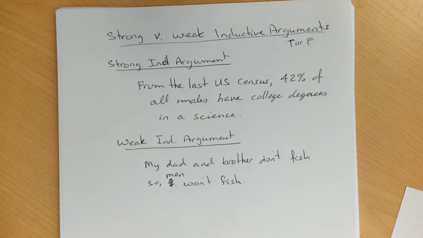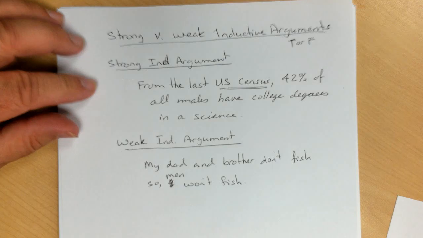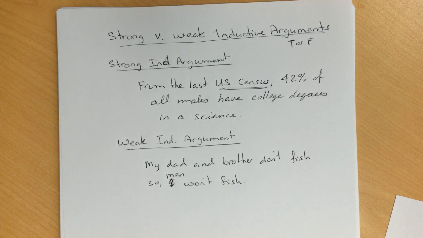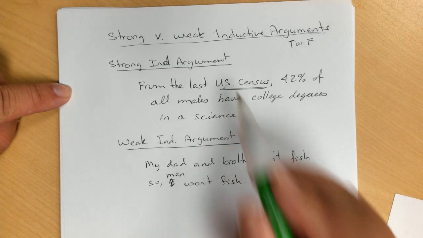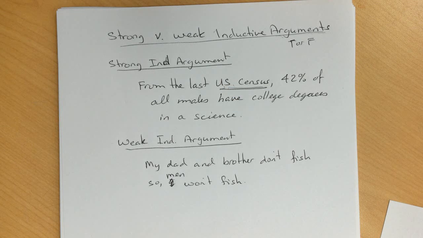It's the information, the amount, the sample size. A census is what? What is a census? It's a count of the entire population. The U.S. Census is done every 10 years.